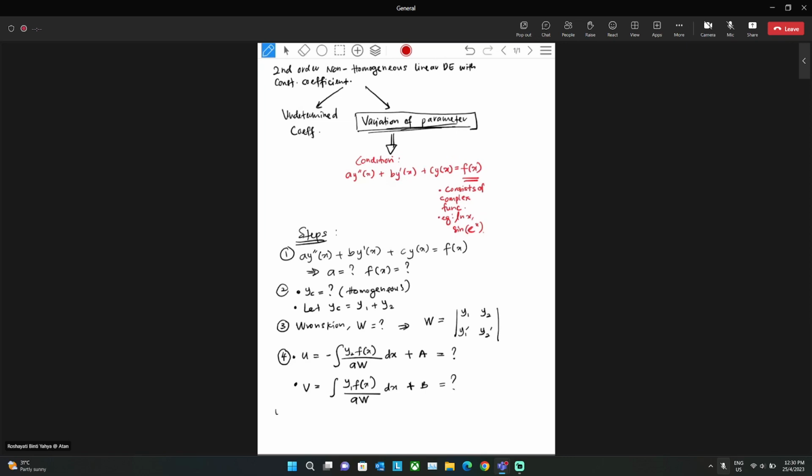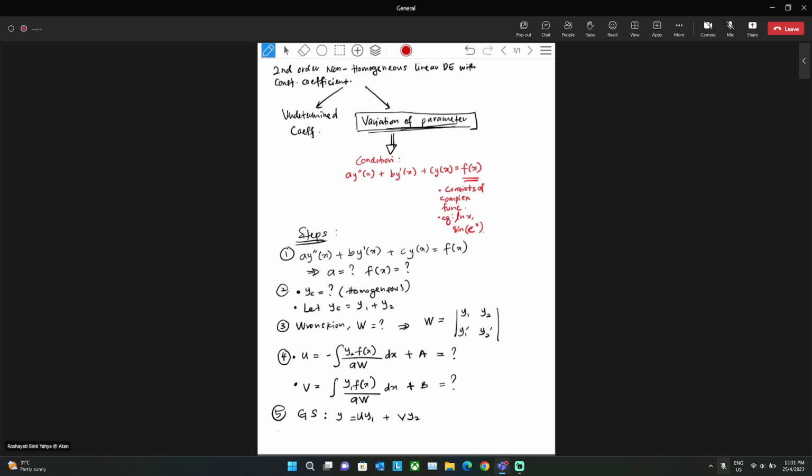The next step, as usual, you need to find the general solution based on y equal to u y1 plus v y2.